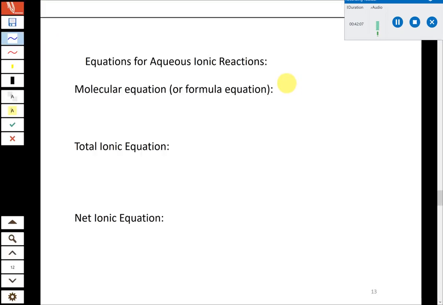Okay, so what we said before is that the molecular equation is the full set of reactants and products written as intact species. So for molecular equations, we're not going to separate anything.